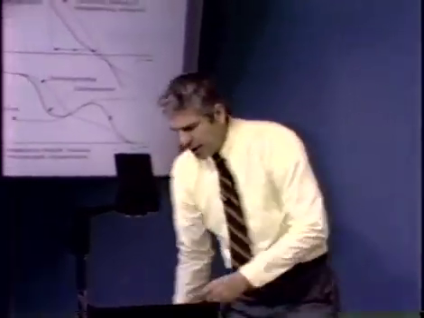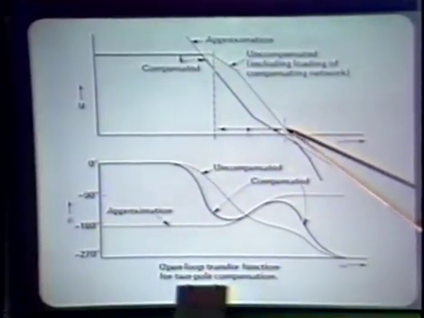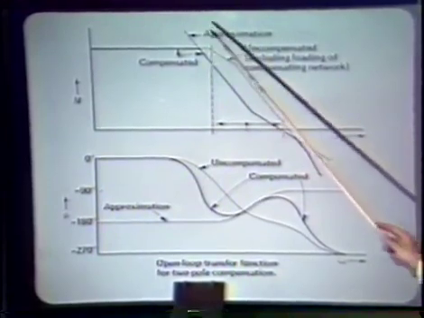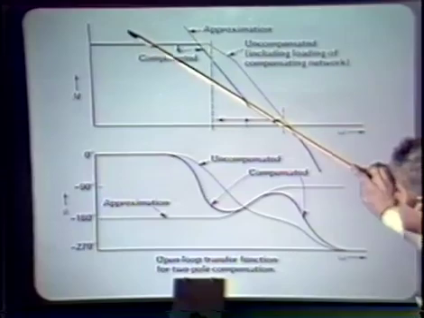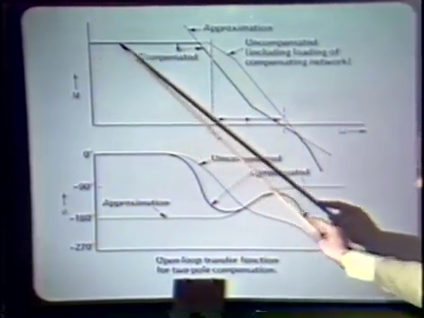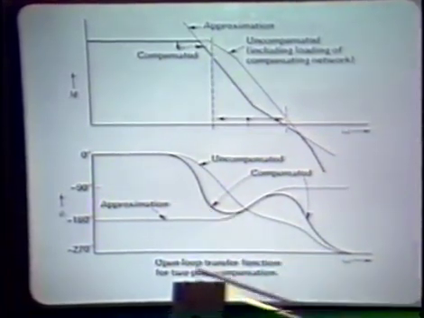Consider the effect on the amplifier transfer function, again assuming an uncompensated transfer function, including loading, that's sort of three-pole. Here's the 1 over s squared, 1 over s approximation. Again, we get the lower of those two curves at all frequencies.